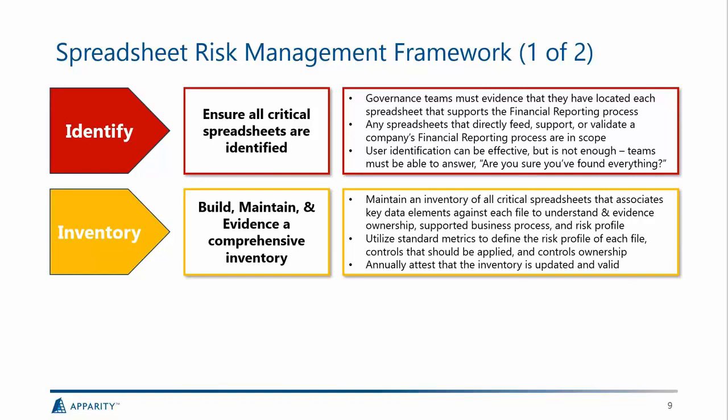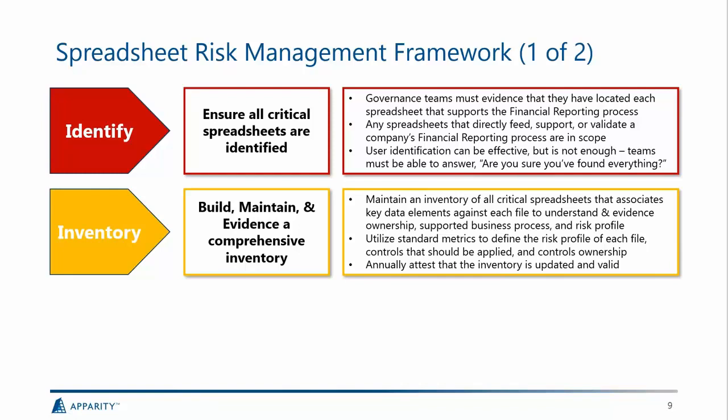This risk profile should be used to help define the controls that need to be placed against each file, as well as who's going to own that control within your business. We'll talk a little more in a minute about the different types of controls you need to apply, but it's very important that you're able to evidence those controls and show why we're applying them to each of our different spreadsheets.